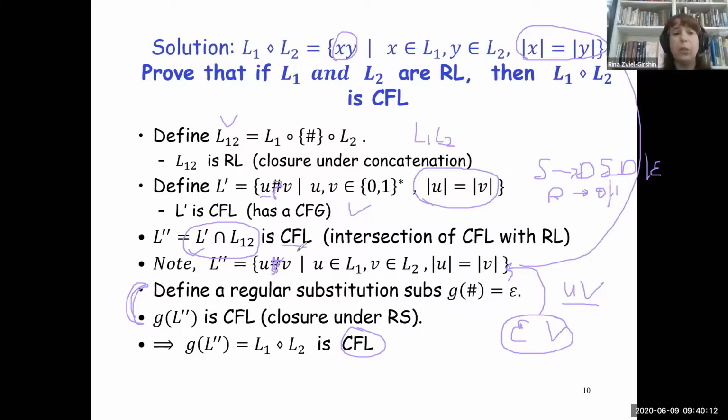The language L2 caps will be a context-free language, but you can't claim that the language L2 caps is our language L1 diamond sign L2. Because it can be divided differently. You can't claim that the prefix U now comes from the language L1. It can come not only from the language L1, it can have some letters from L2.